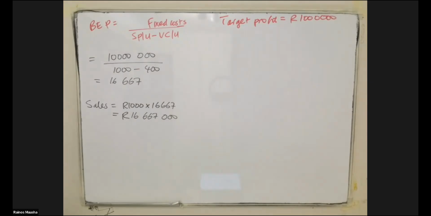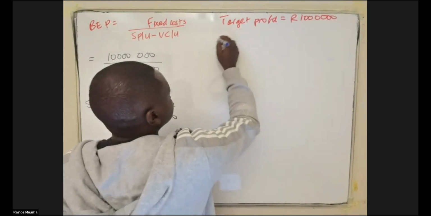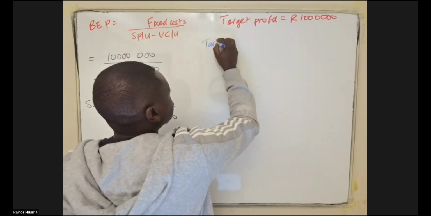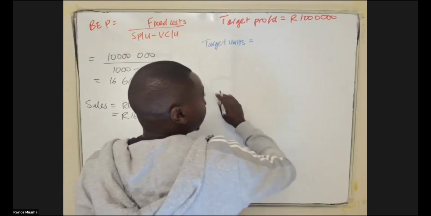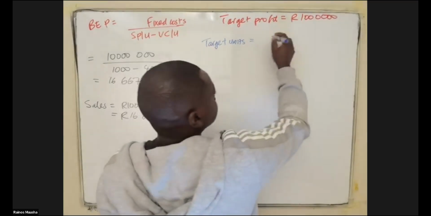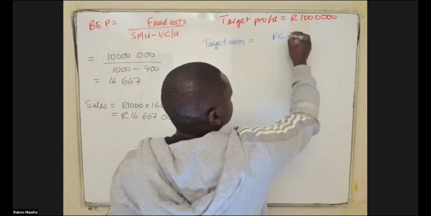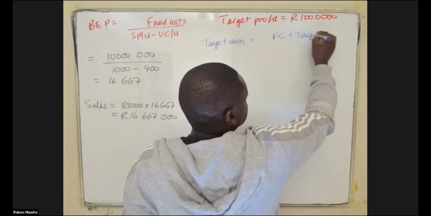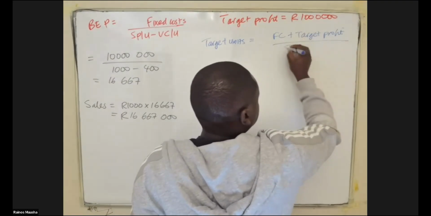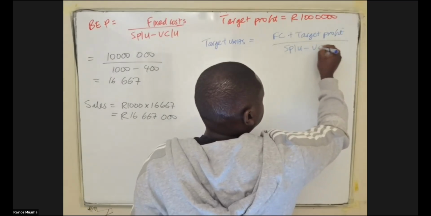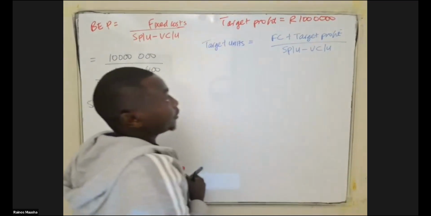To find out, you're going to say the target number of units is equal to your fixed cost plus your target profit, divided by your selling price per unit minus variable cost per unit.